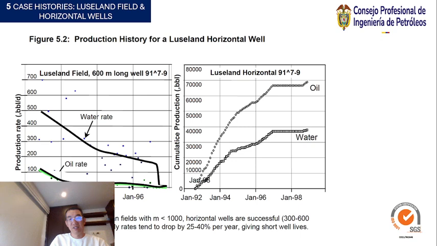The oil rate decreases quickly from the first year, and in the last years the production is stable. However, in many Canadian fields, horizontal wells less than 1,000 meters long are successful, 300 to 600 barrels per day. Nevertheless, the daily rates tend to drop by 25 to 40% per year, giving short well life.